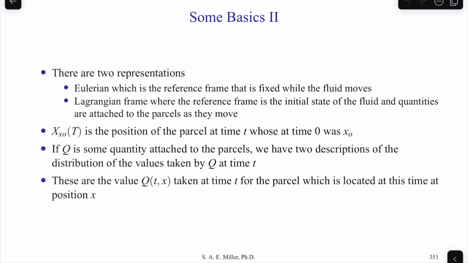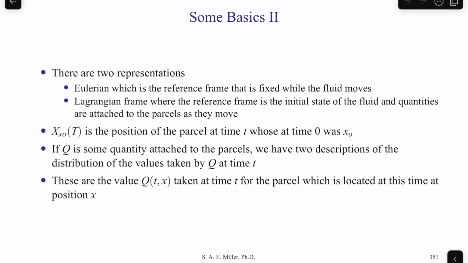Let x of x naught and t be the position of a parcel at time t, which at time 0 was x naught. So x will be a position dependent on time t from initial position x naught. So our fluid parcel is here, initial position x naught, maybe t naught, and it goes to some other location at another x and time t.